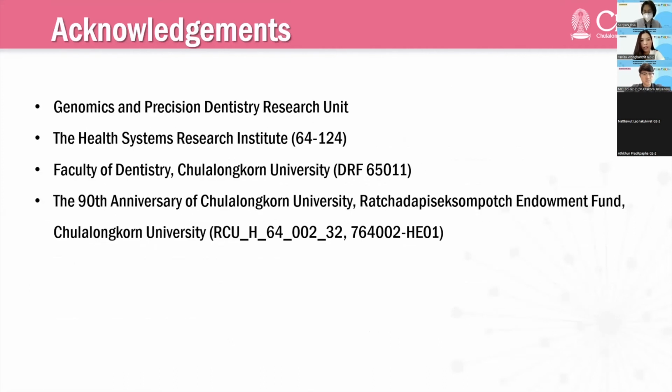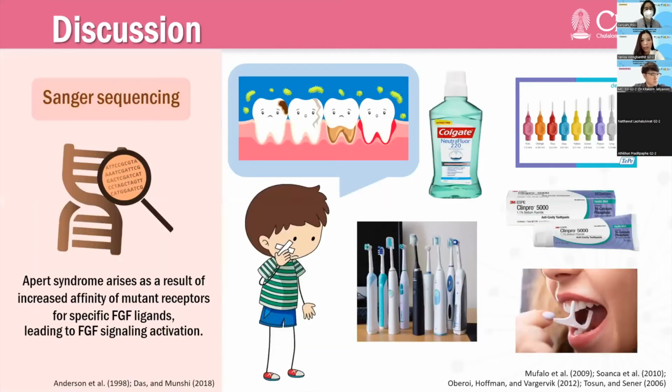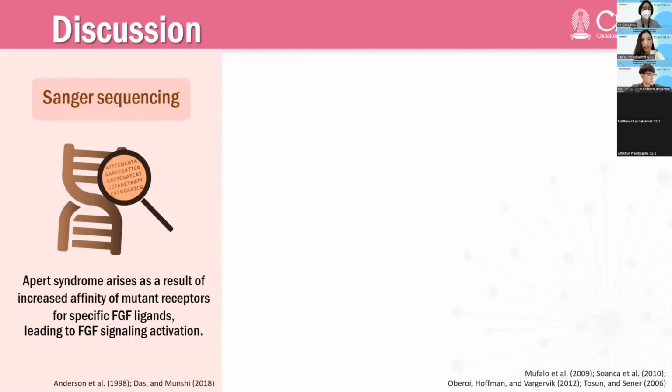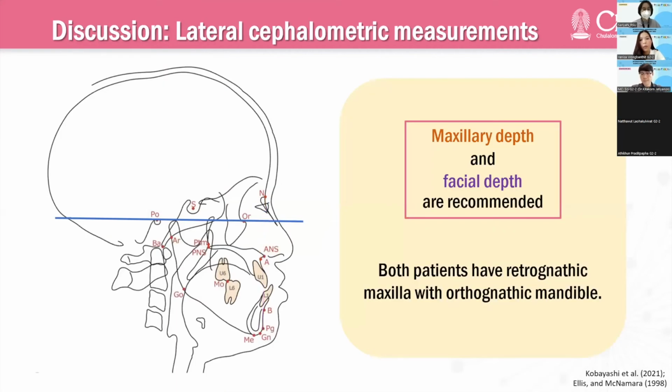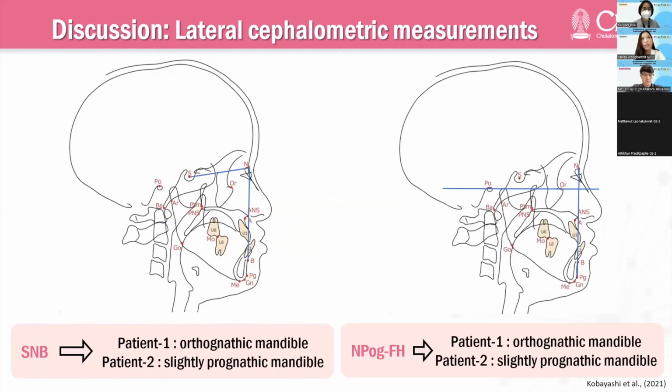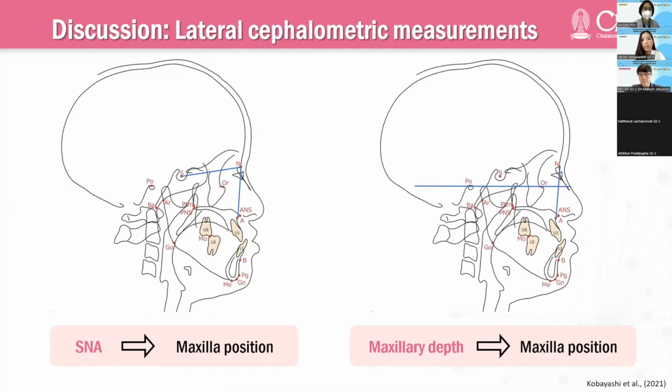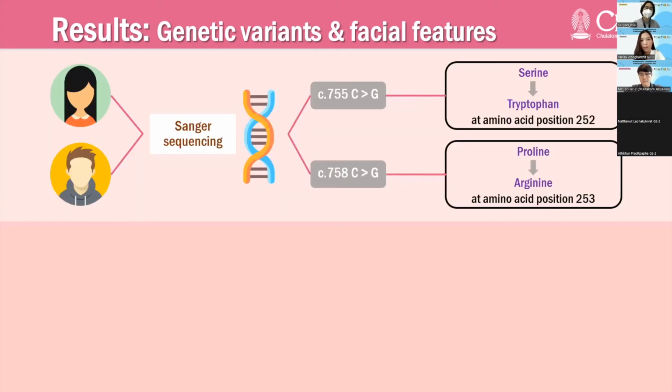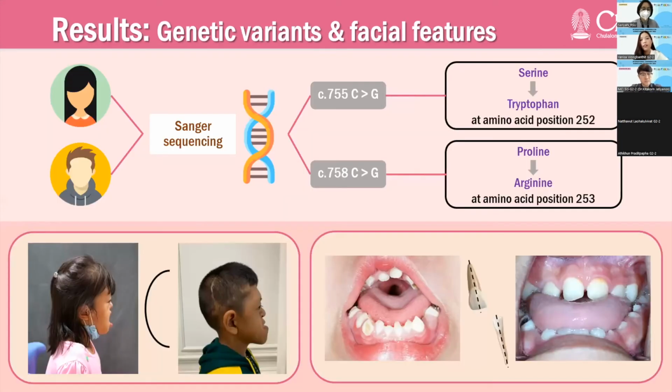Okay, let me take you to the genetic part. One of the factors that can affect the phenotype of the patient can be from the genetics, because they both have a different kind of mutation.